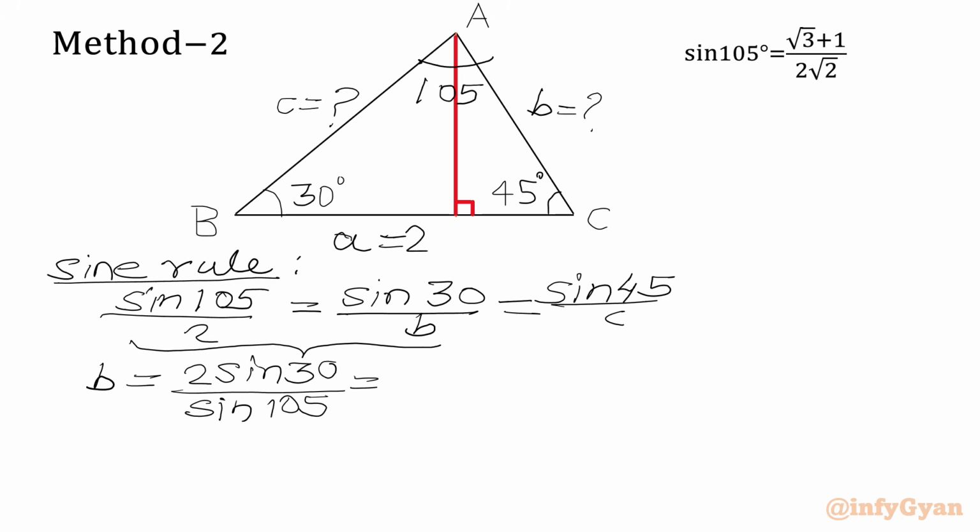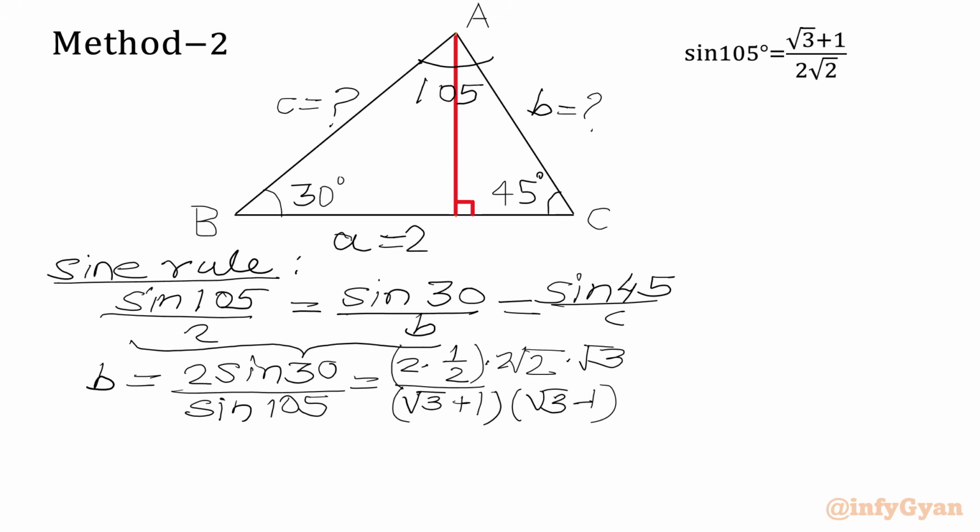Sine 30 is half, so we will write 2 times half in the numerator over (root 3 plus 1) over 2 root 2. That 2 root 2 we will write in the numerator. Now we are going to rationalize the denominator. So we will multiply here with root 3 minus 1. So in the numerator, root 3 minus 1.